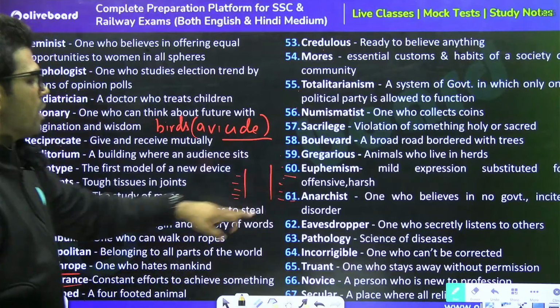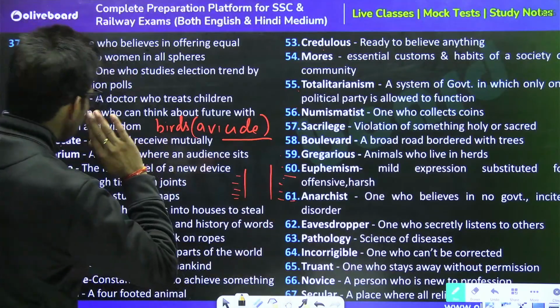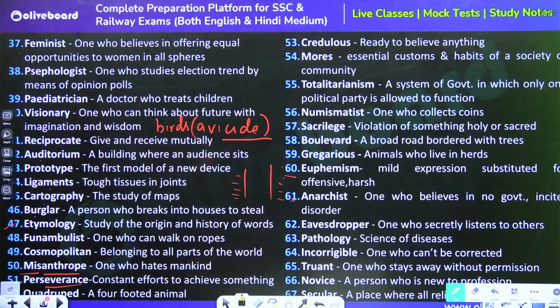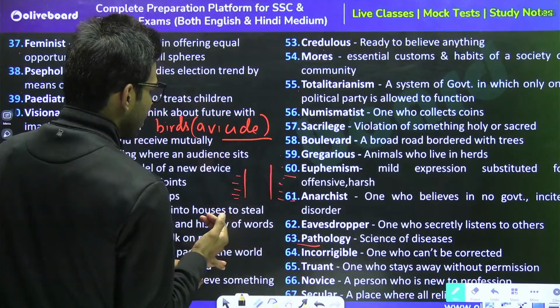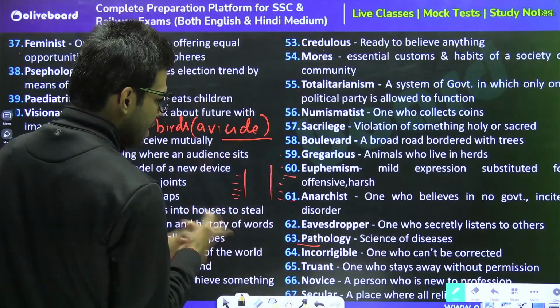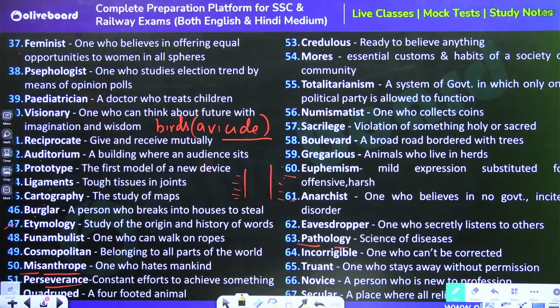Anarchist. A, once again representing opposite, no. Arc, ruler. IST, the person. The one who believes in no government at all is an anarchist. Eavesdropper, who listens to another's conversation secretly. Path is suffering: psychopath, sympathy, empathy, etc. The path, the root word. Logy, study. The study of diseases, the root cause of the disease, is supposed to be pathology.